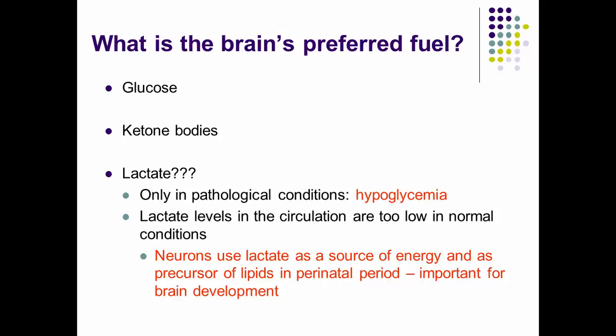Lactate can also be utilized for the synthesis of lipids, which is very important in the developmental stage, right? So under these conditions, the brain also picks up some lactate, but not for energy use, just for the synthesis of lipids in the brain.